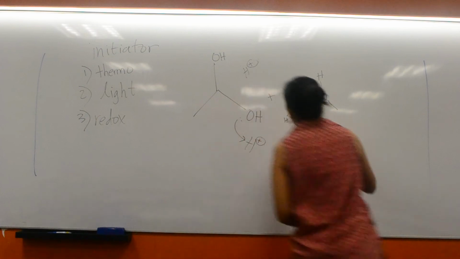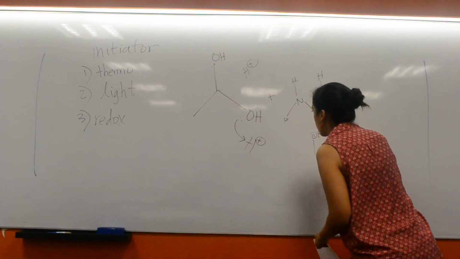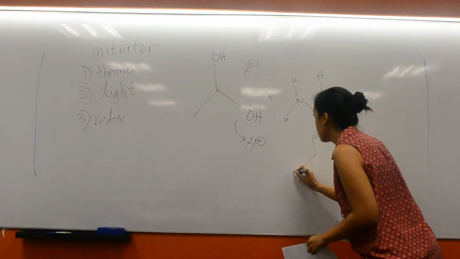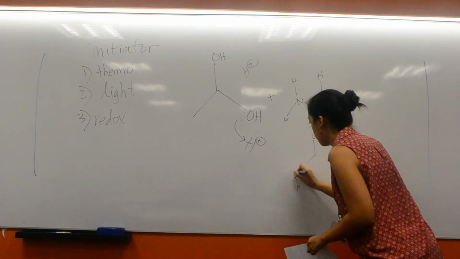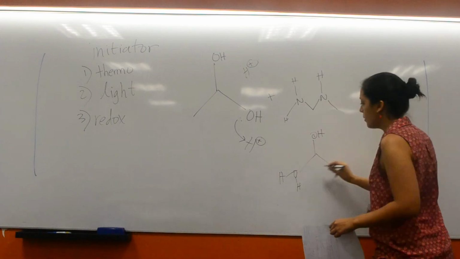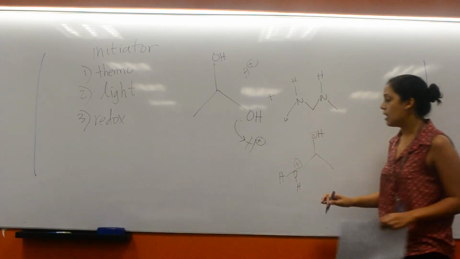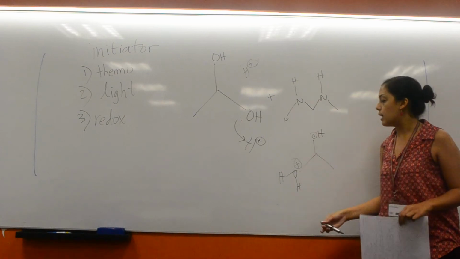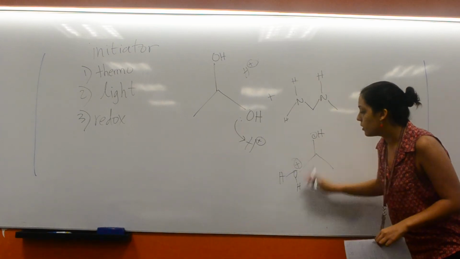I'll just draw it under here. And I'm going to flip it so that this is now on this side. Right? And now this oxygen is positive, and we want to make it not positive because it's not stable that way. So this is actually going to be your leaving group.